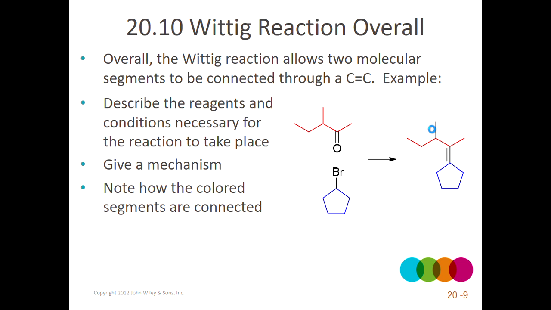We can imagine doing a Wittig reaction to connect two large structures together into one. And so from a synthetic perspective, the idea here is if we want to make an alkene, or double bond between two carbons, retrosynthetically we would disconnect those two carbons.